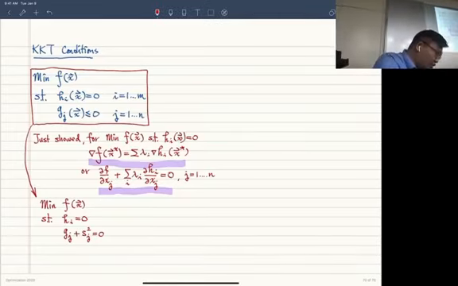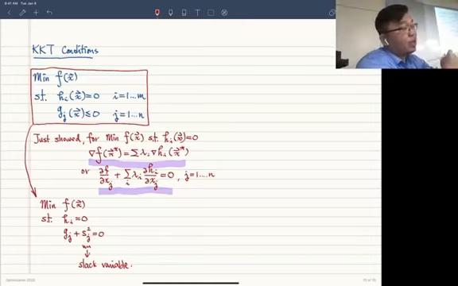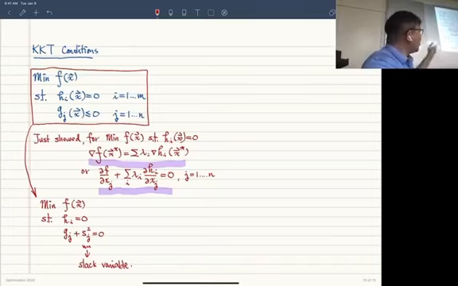Okay, so here this is my slack variable. Okay, so this knowledge was introduced last time when we did linear programming. But in linear programming, we want everything to be linear, so we never put s squared in our equation because that makes our formulation quadratic.